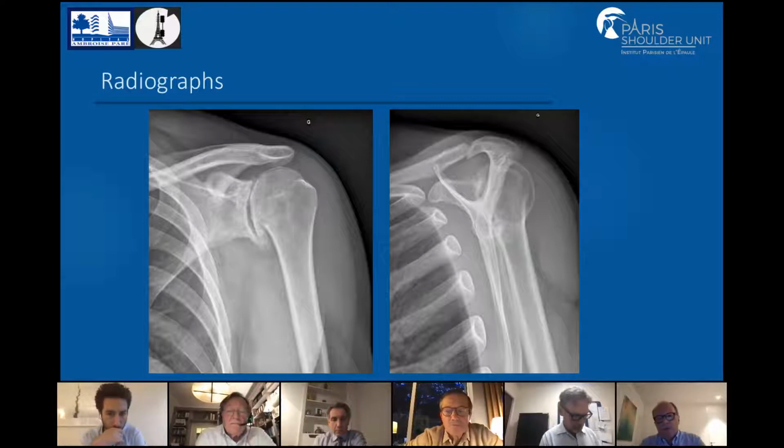What we're seeing here on the right slide is an extremely short, very horizontal, and relatively high acromion. It's not extremely high because arthritis has led to the posterior subluxation, which also has put the head higher up, which is not necessarily associated with a rotator cuff tear.